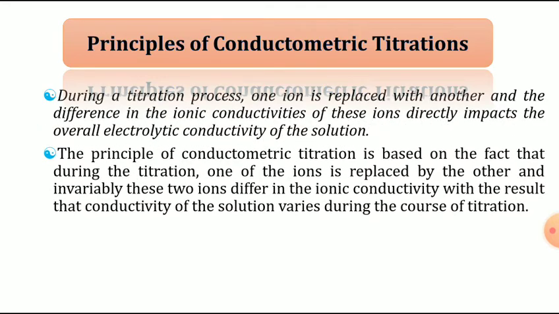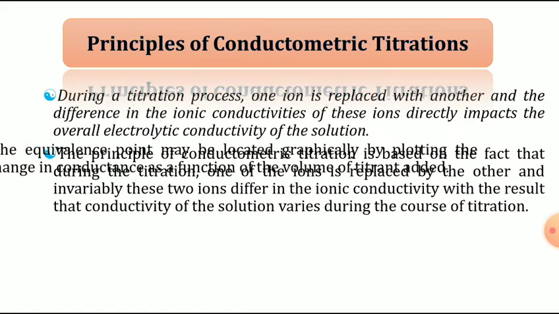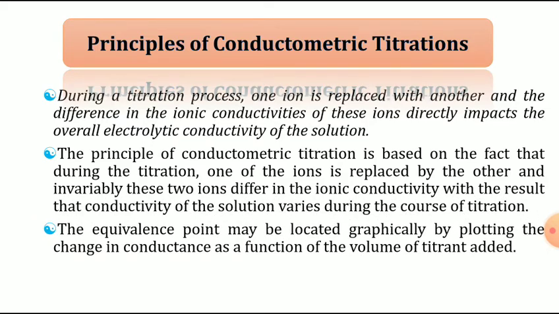The principle of conductometric titration is based on the fact that during the titration one of the ions is replaced by the other, and invariably these two ions differ in ionic conductivity, with the result that the conductivity of the solution varies during the course of titration. The equivalence point may be located graphically by plotting the change in conductance as a function of the volume of titrant added.